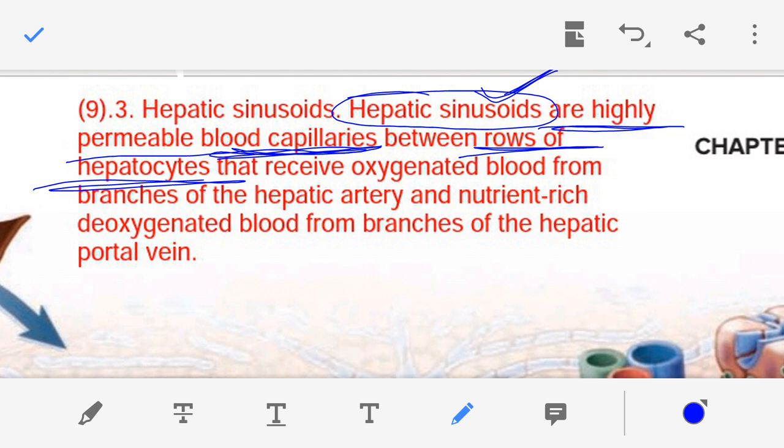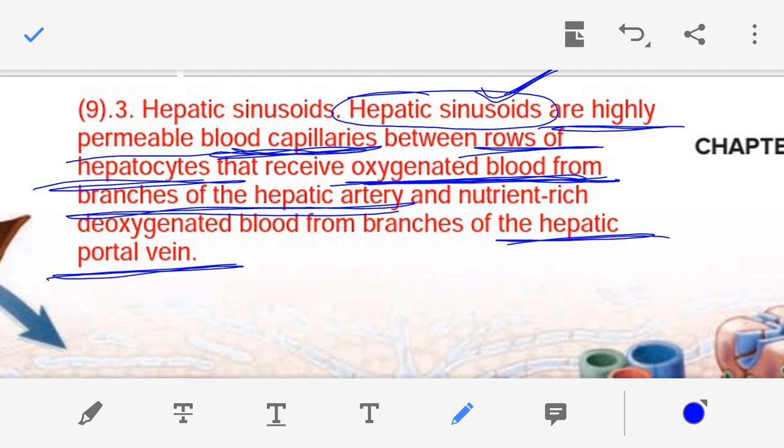Now, what are these hepatic sinusoids receiving? They are receiving oxygenated blood from the branches of the hepatic artery, and from the branches of the hepatic portal vein, these hepatic sinusoids are receiving nutrient rich deoxygenated blood.